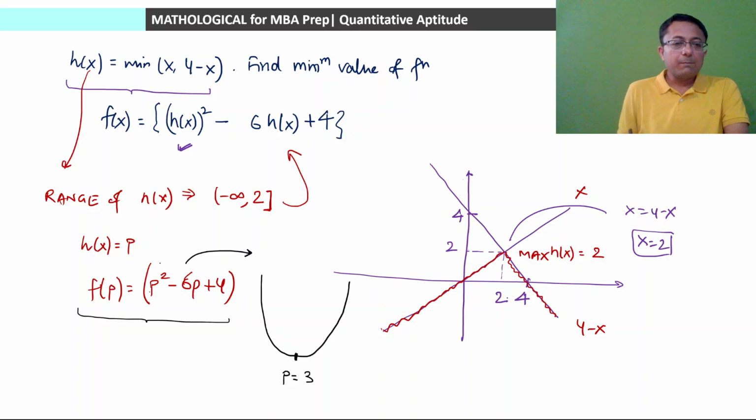But p is basically equal to h(x) only, and h(x) is only between minus infinity and 2, so it will never reach the value 3.